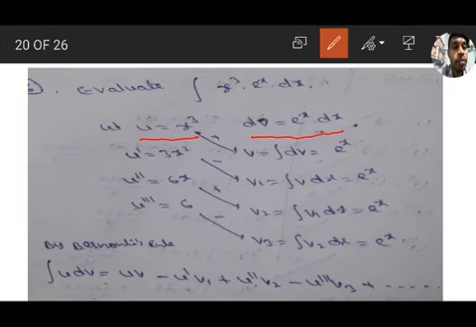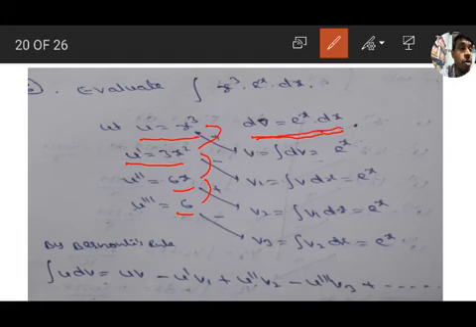The derivative of x cube is u dash, 3x square; the derivative of 3x square is 6x; the derivative of 6x is 6. So u dash, u double dash, u triple dash.